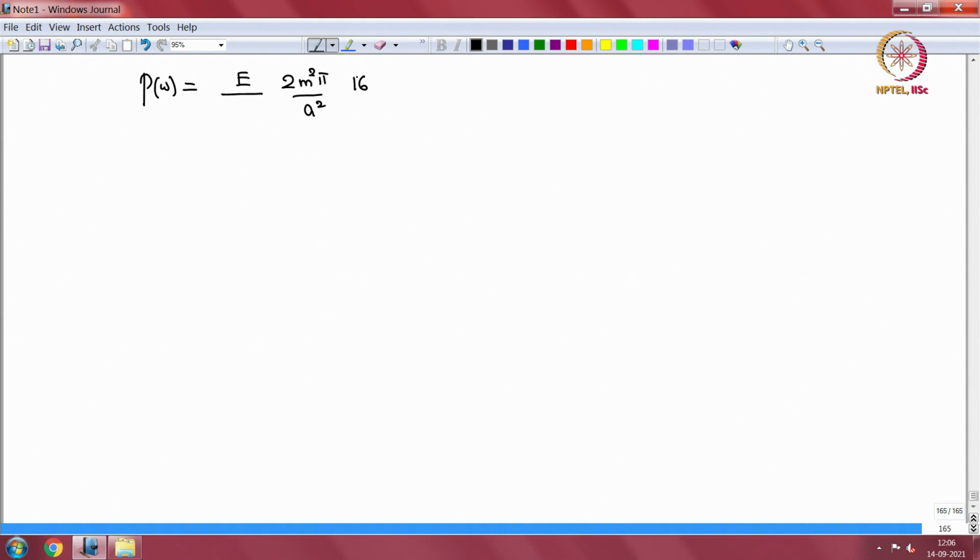Okay, k square py integral 0 to 1 the cos square term or the sine square term divided by kpx square minus beta square ka square whole squared integral 0 to pi by 2.